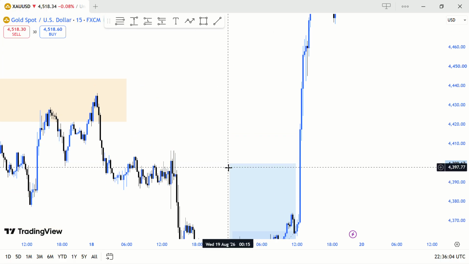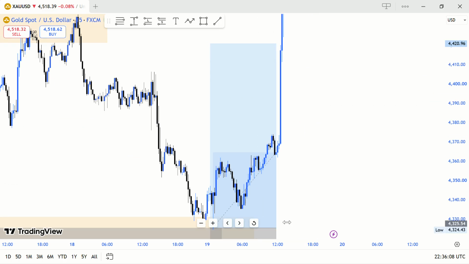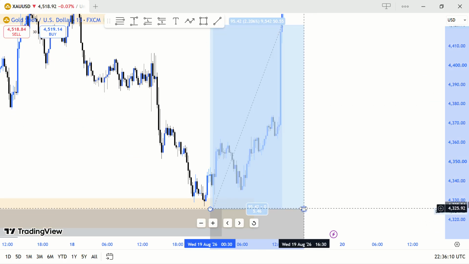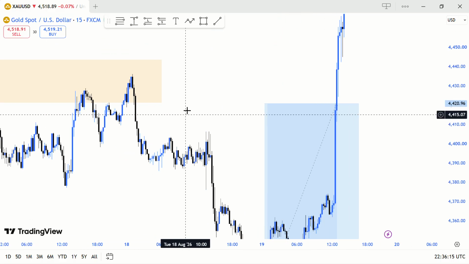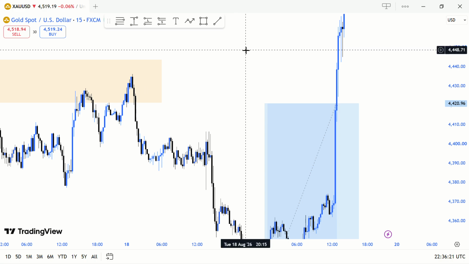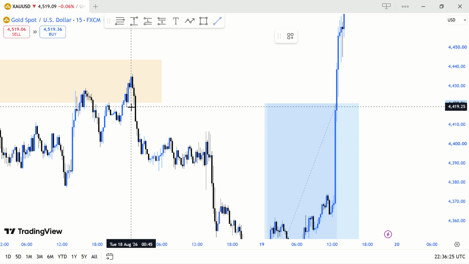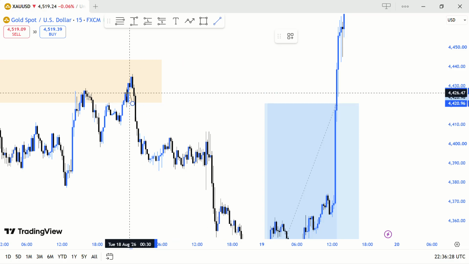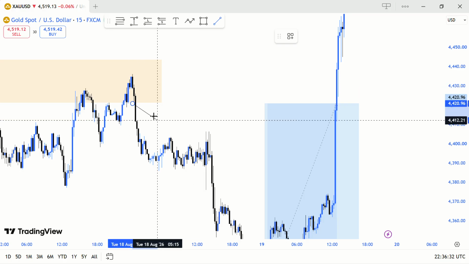So I got my full TP. Initially, this was my first TP. I always put my full TP at this level whenever I see an FVG on an order block, or an FVG before an order block.